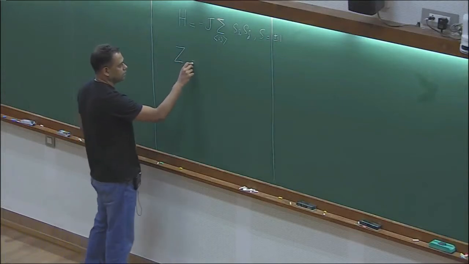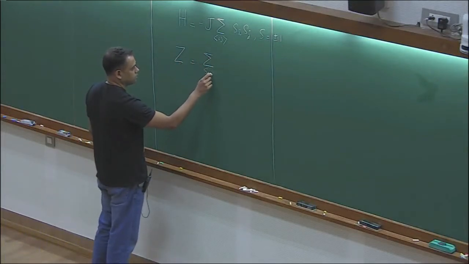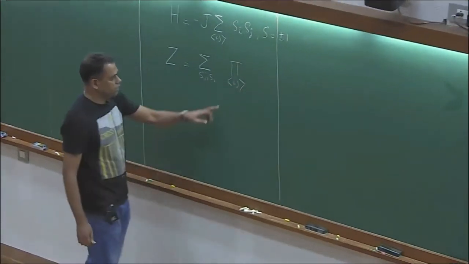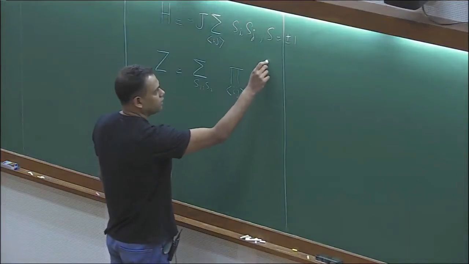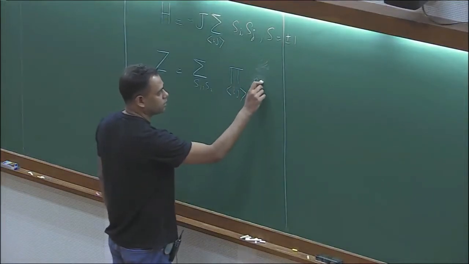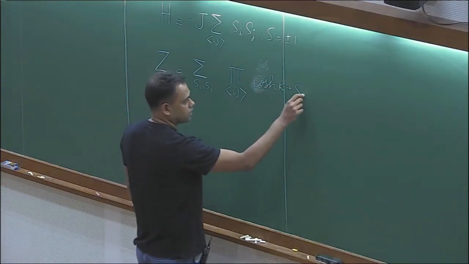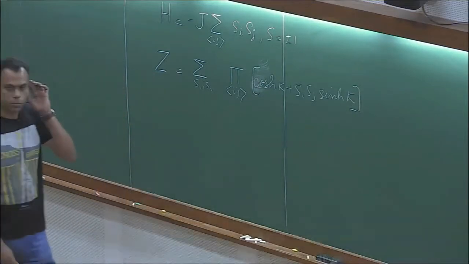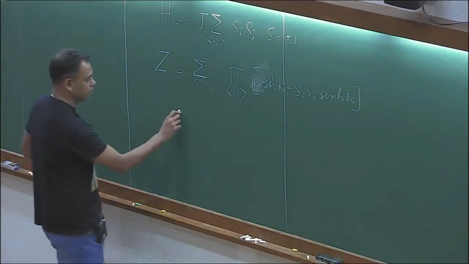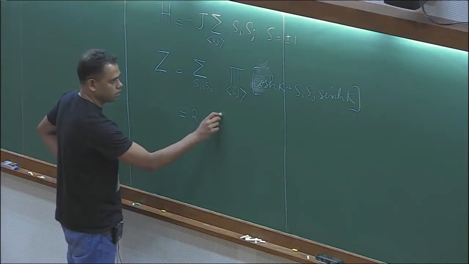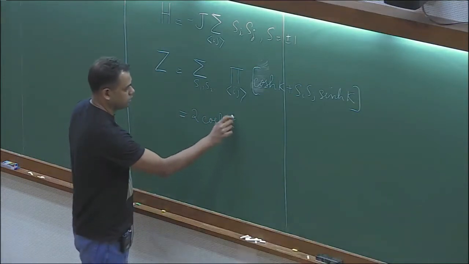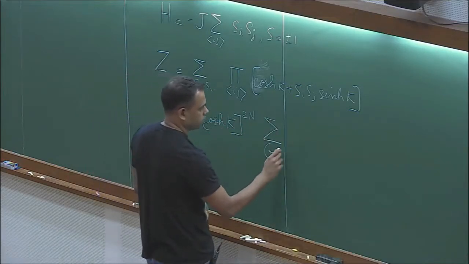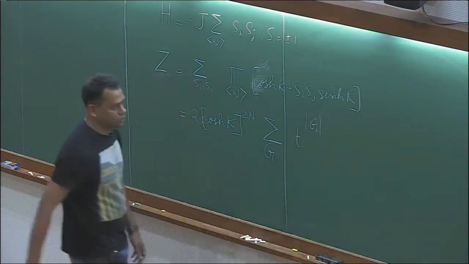The partition function was product over all the bonds, e to the power k S_i S_j, but we have done this many times, so this becomes cosh k, and a small parameter was tanh k, which we call t. This is what we had derived last time.